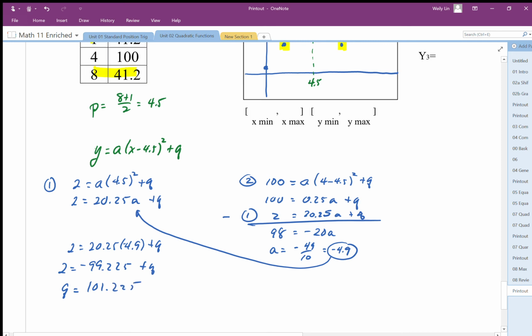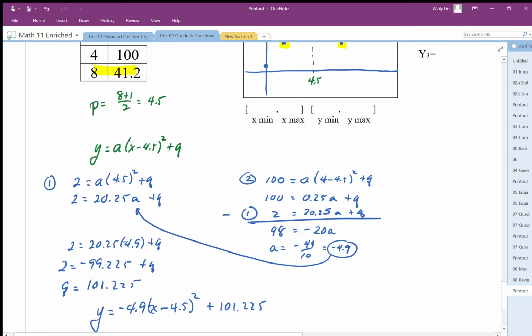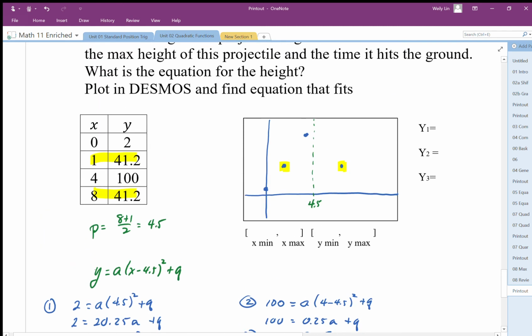And so we end up with the equation in graphing form: y equals negative 4.9 (x minus 4.5) squared plus 101.225, and that's the maximum value, the maximum height, of that equation.